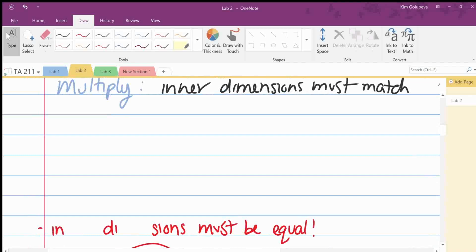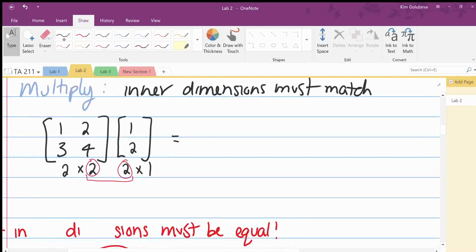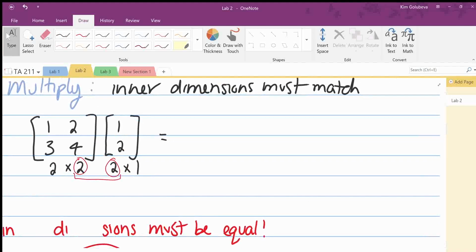And when we're multiplying matrices together, so if we have, let's say 1, 2, 3, 4, and we have 1, 2. So if we have 2 by 2 and 2 by 1, we check this, and it works because the inner dimensions are the same.